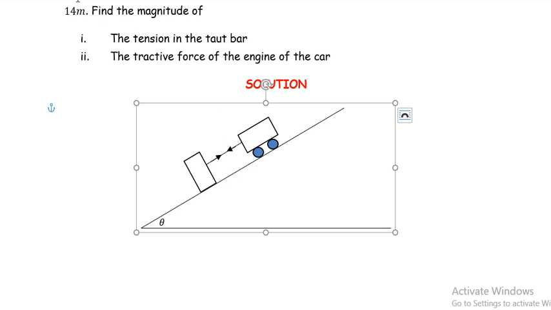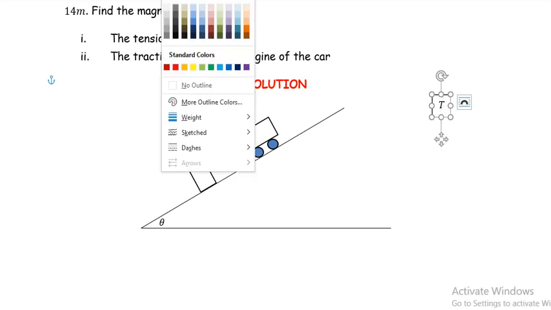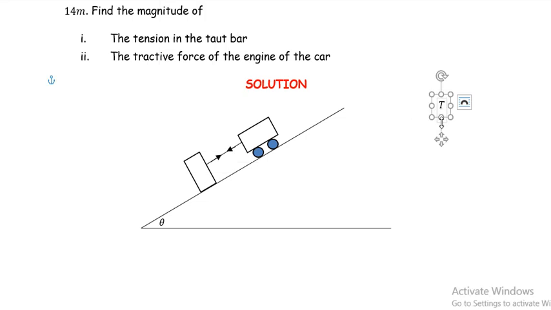So on this rope we have a tensional force T acting in opposite directions. That tensional force is acting both towards the car and towards the carriage. So I have the tensional force here, and I also have the tensional force here. We call it T.